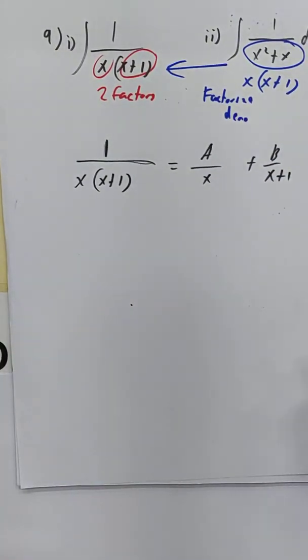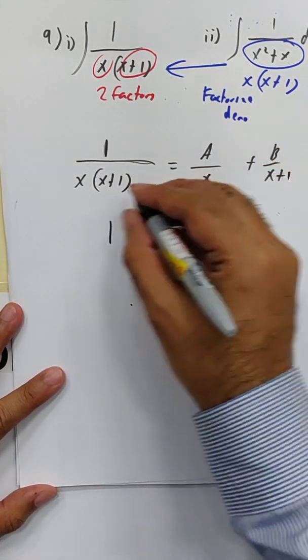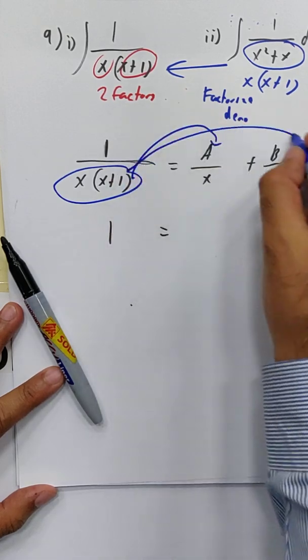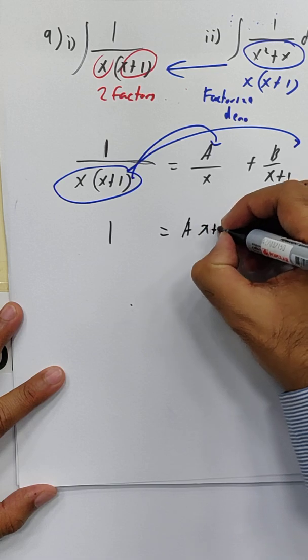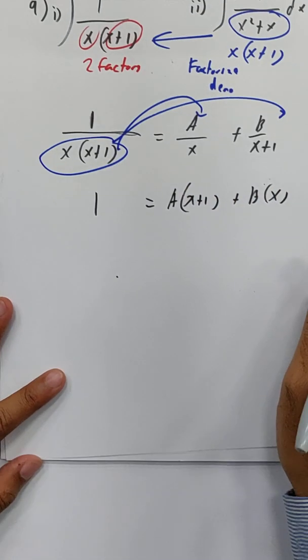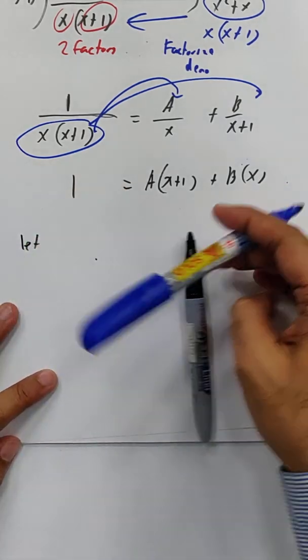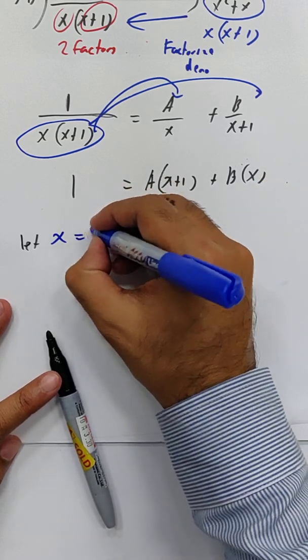Do you want to try this question? Shall we try? So we got ourselves the same technique just now. We multiply this to eliminate one of them. How do we proceed? Well, the easiest way, let's make this one 0 first.